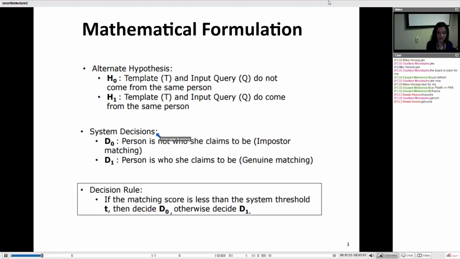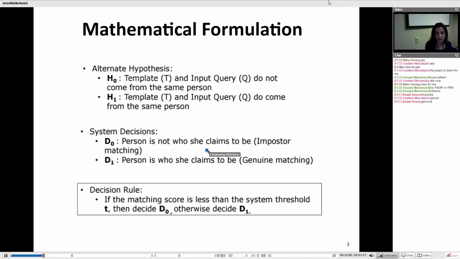And then there is the system perspective. You have an input which can be genuine or impostor, and the system has to decide whether to accept or not. So we have two kinds of decisions. D0: the person is not who she claims to be, impostor matching, but this is not the reality, it is the decision of the system, based on the threshold and the computation that the system does.